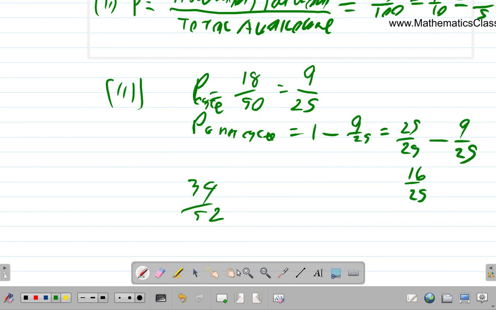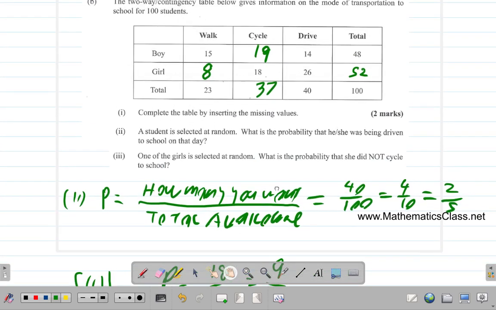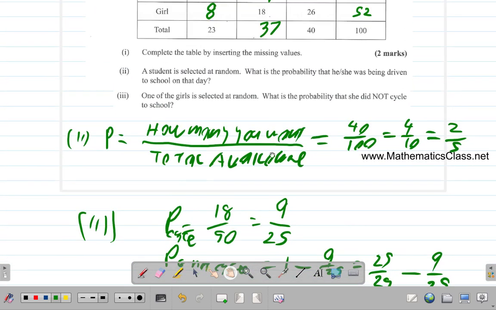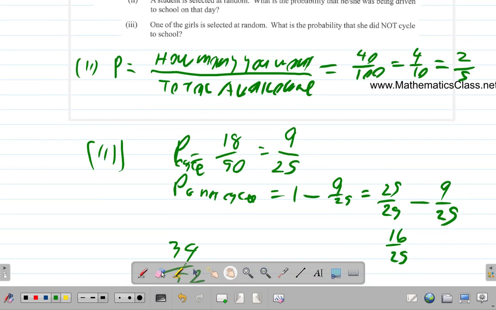Hold on, there's a mistake up here, so I have to go back up. At 18 over 52, you know, where did I get 50 from? I should have written 52. So 2 into 18 is 9, 2 into 52 is 26, so I should have 9 over 26.